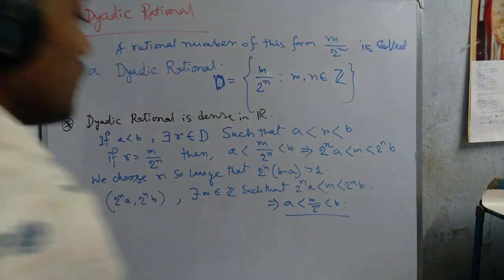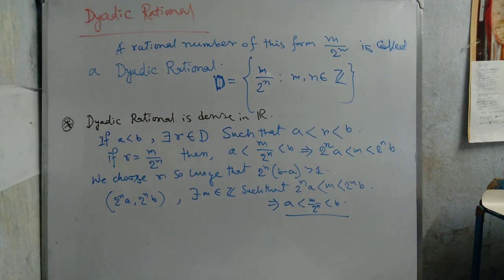So for any two real numbers, there is one dyadic rational number between them.